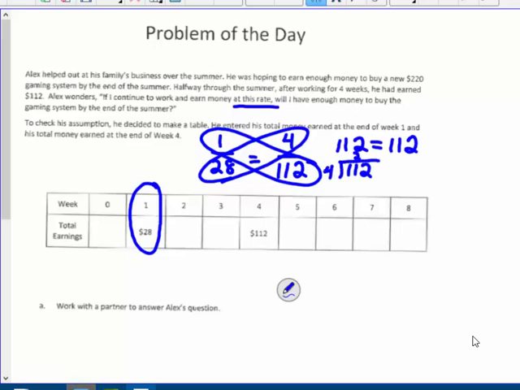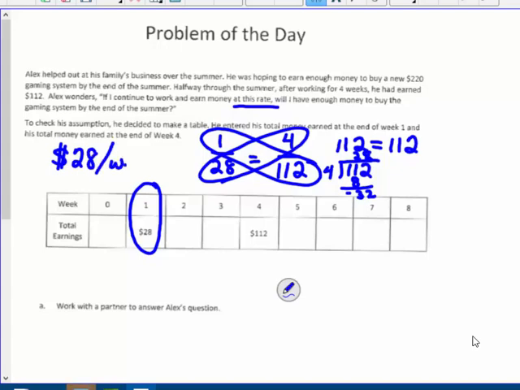And yes, 28 times 4 is 112. So I could divide 112 by 4 and see that, yes, he's still earning $28 per week. That's his rate.